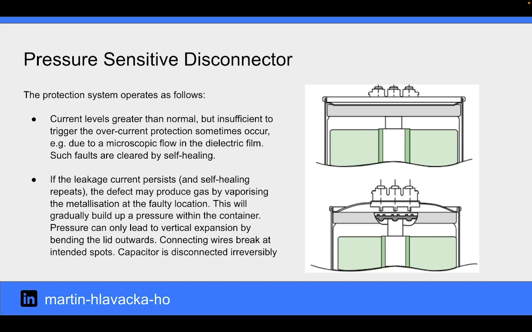This will gradually increase the pressure inside the container. The pressure can only cause vertical expansion by bending the lid outward. The connection wires break at the intended point and the capacitor is irreversibly disconnected.